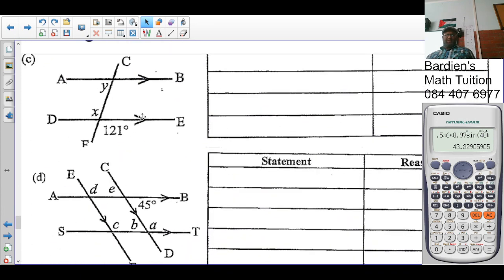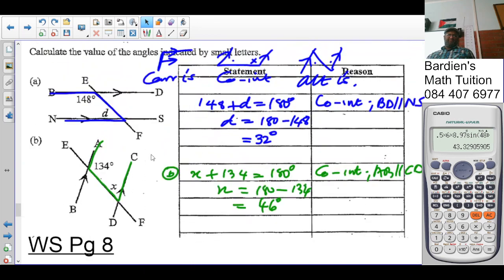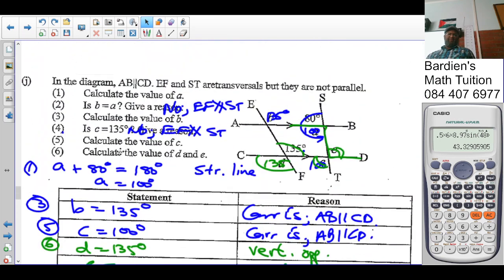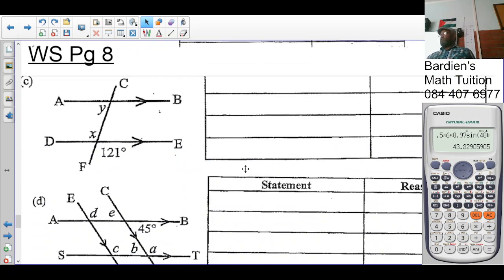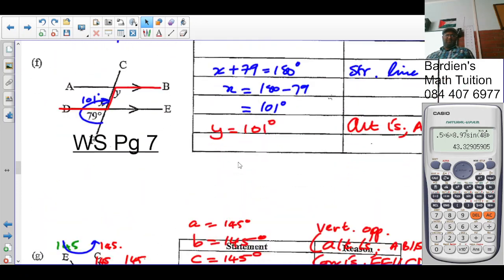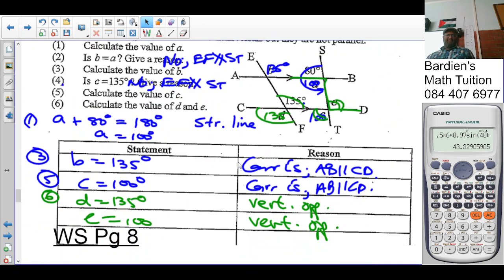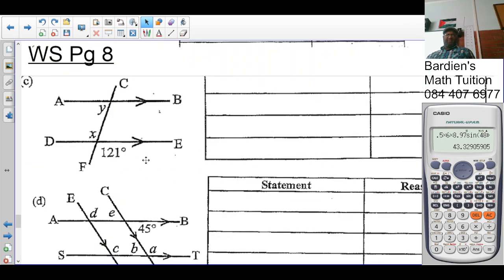Or is this the first of page 9? How can it be the bottom of page 8 and 9? This is where I must start. No, we're on page 9. So we answered everything up until here.